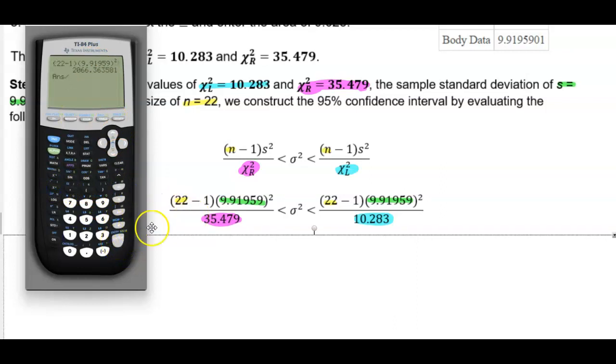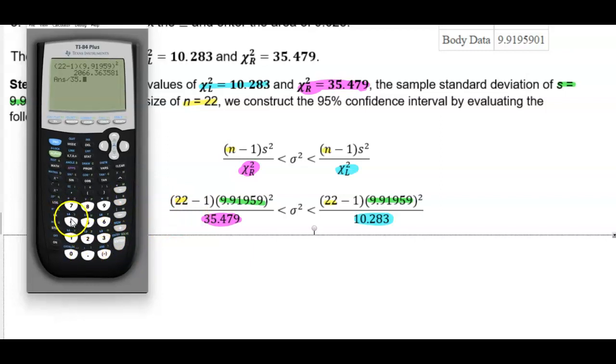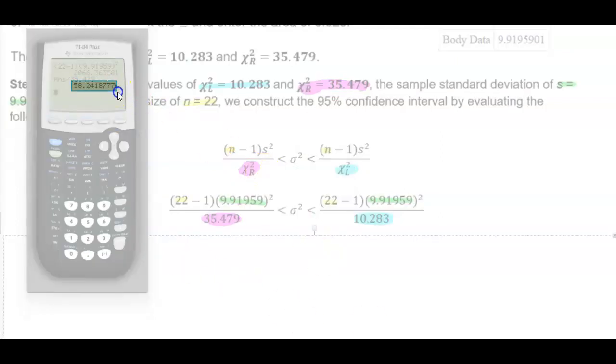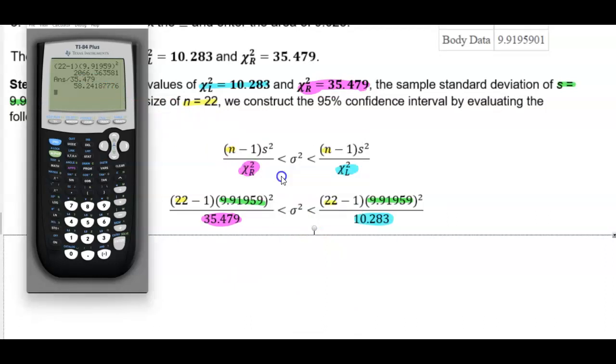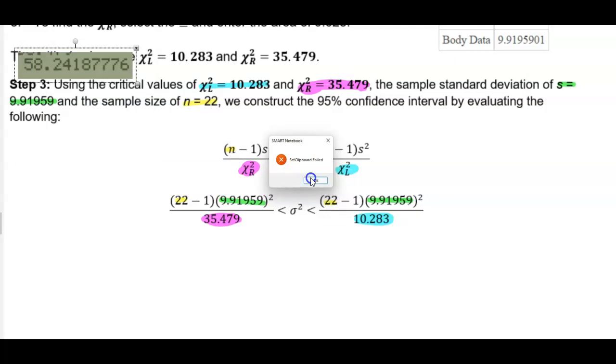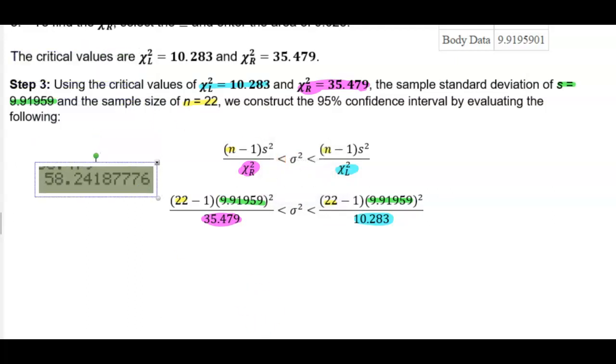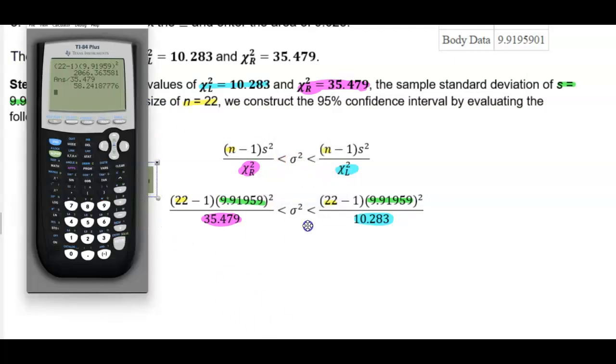And then we're going to divide that by 35.479. Okay, so let's go ahead and copy that value. And then let's do the other side. So we can just go back up here and then press enter.